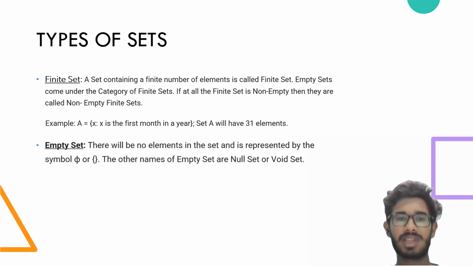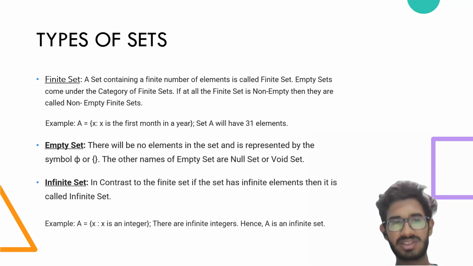Empty set. There will be no elements in the set. It is represented by the symbol phi or curly brackets with no values. The other names of the empty set are null set or void set. This set does not contain any elements. Infinite set.